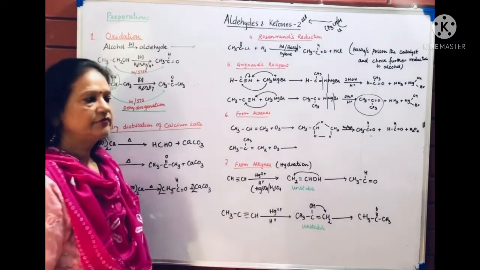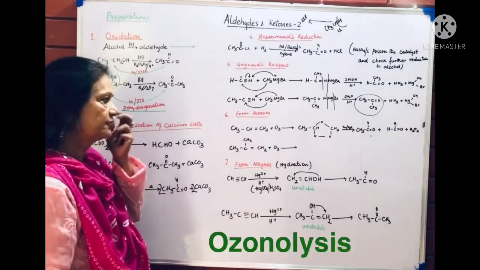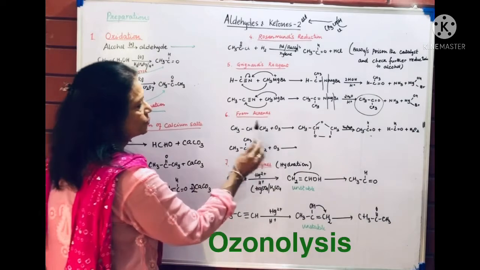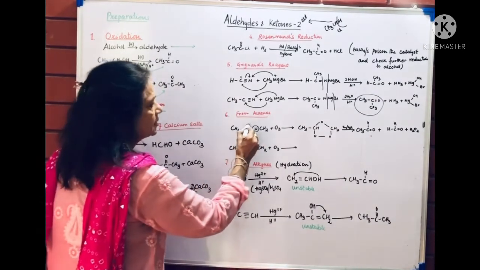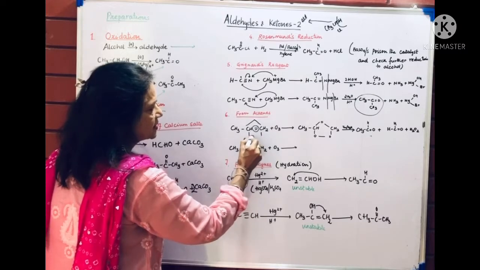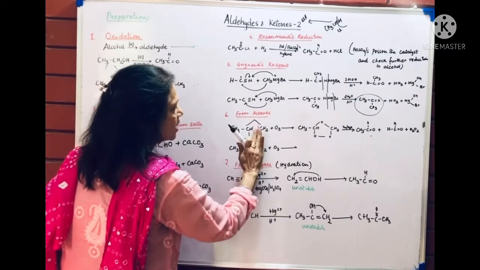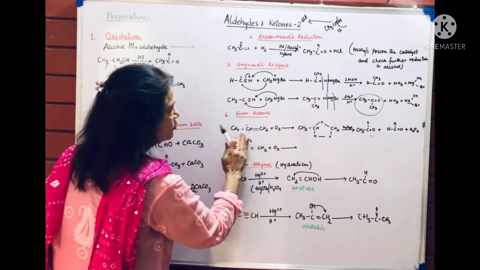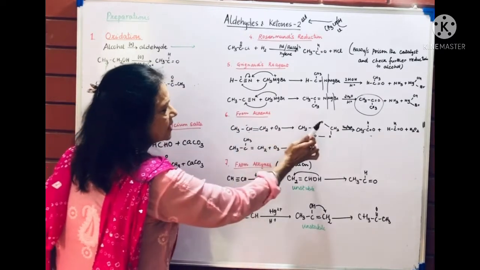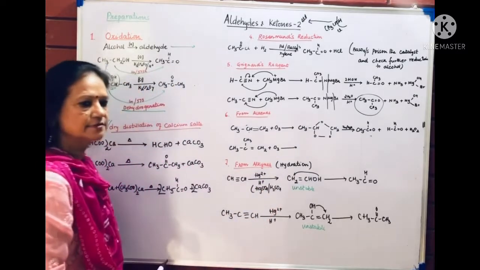From alkenes, we have already done ozonolysis before. With ozone, the reaction takes place at the place of the double bond. Think that a hut type structure is formed. I've removed the double bond from this place and attached 3 oxygen atoms here.